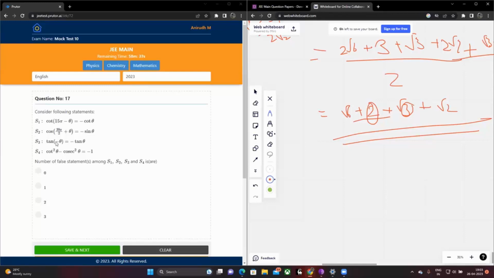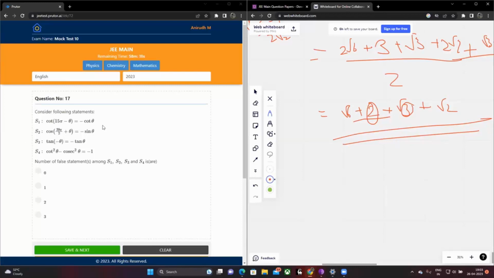S2, where cos of 39 pi by 2 is given, that is basically 38 pi by 2 plus pi by 2. That's 19 pi plus pi by 2, right? 2 pi is a cycle. So basically 19 pi plus pi by 2 is pi plus pi by 2, that is 3 pi by 2.